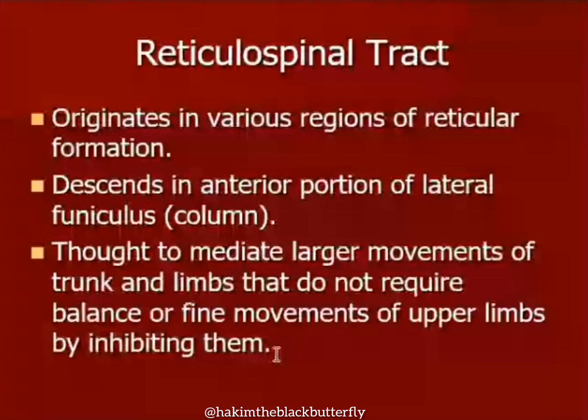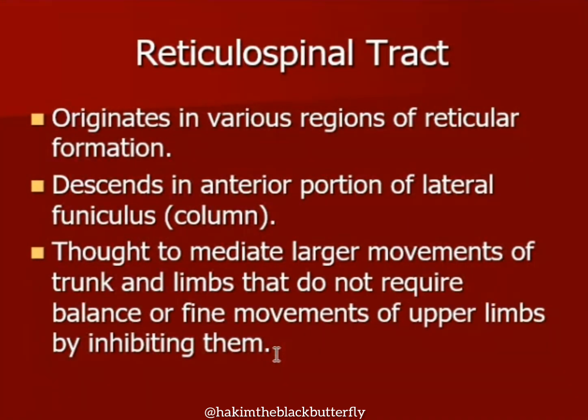So today we have looked at the descending tracts. These are axons of neurons which transmit motor impulses from the brain to the spinal cord, or from the cerebrum to the brainstem and the spinal cord.